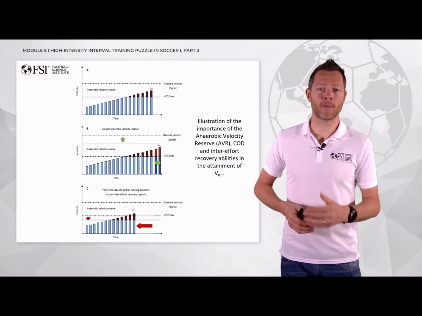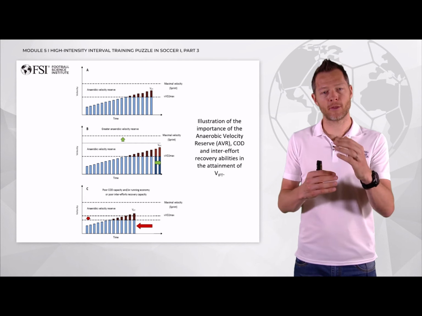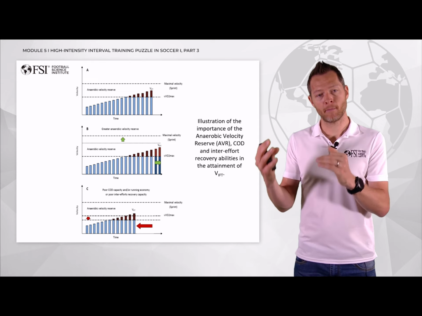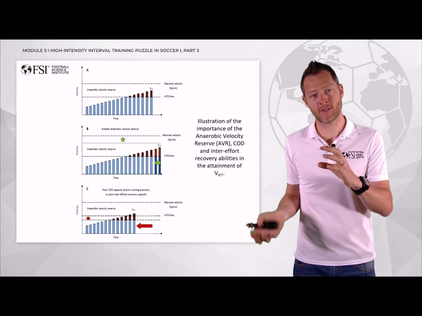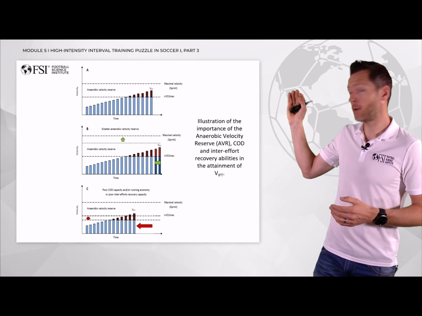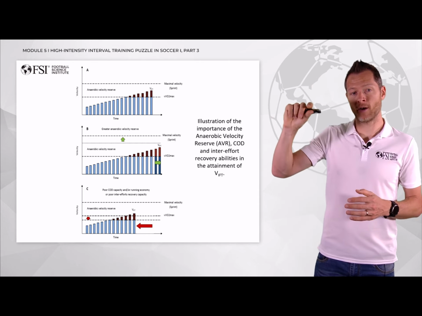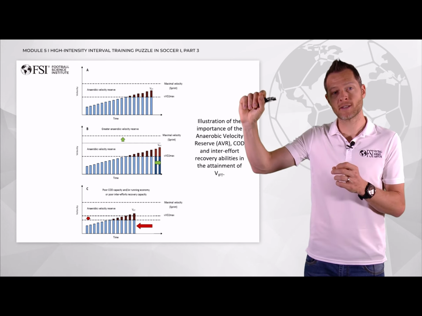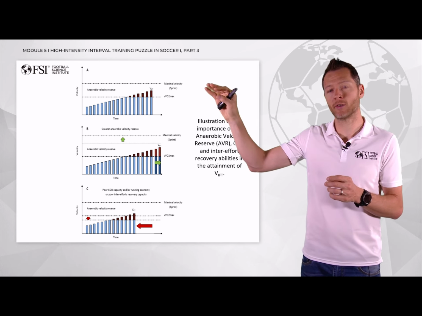And to go a bit further on how the 30-15 is actually impacted by other variables than just VO2 max, for example. If you look at the top, that's the typical assessment, attainment of VO2 max on the top of the slide.